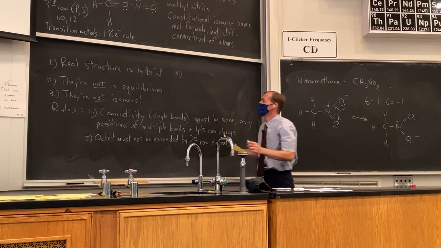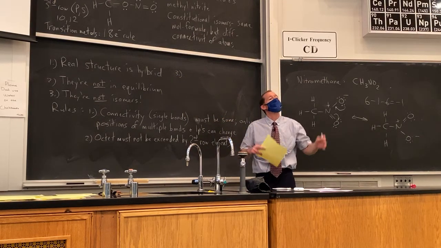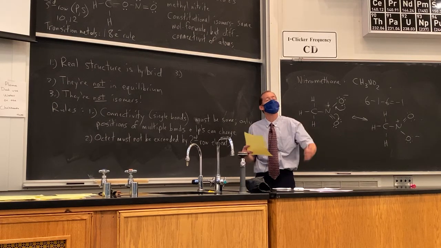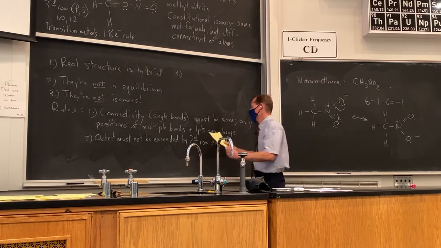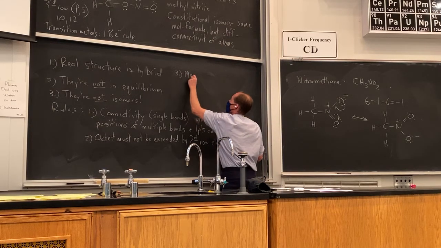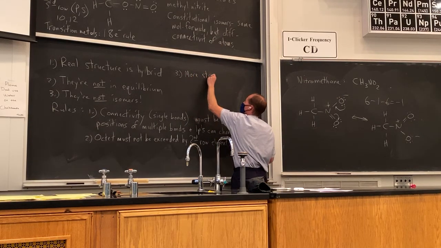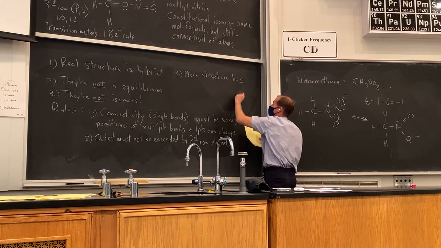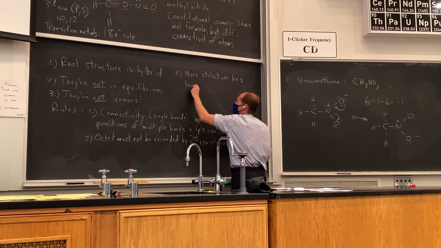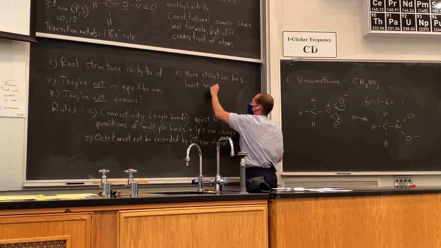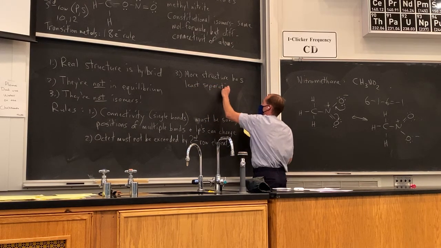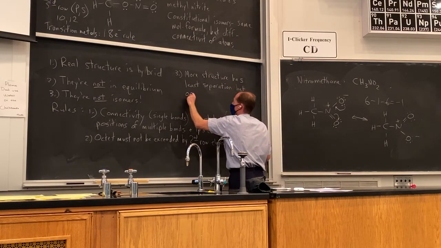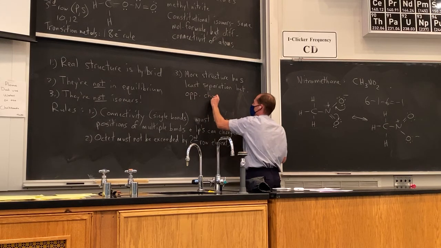Our third rule is going to apply when we are comparing two resonance structures to each other and trying to determine which one is more stable or lower in energy. In these cases, the more stable structure has the least amount of separation between oppositely charged atoms.